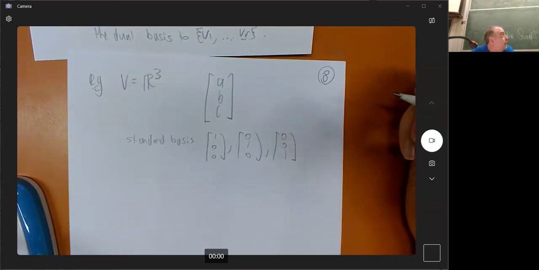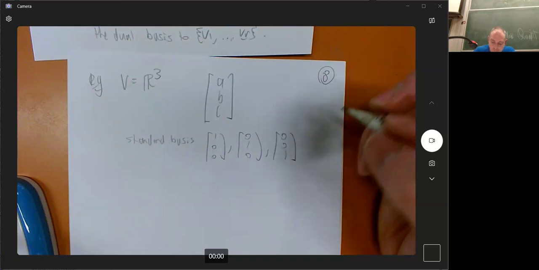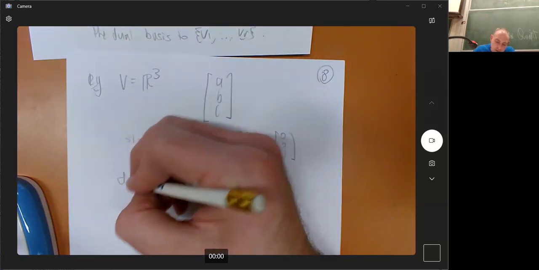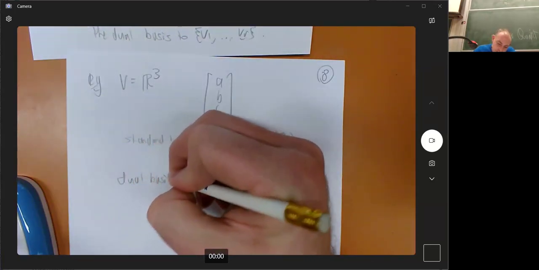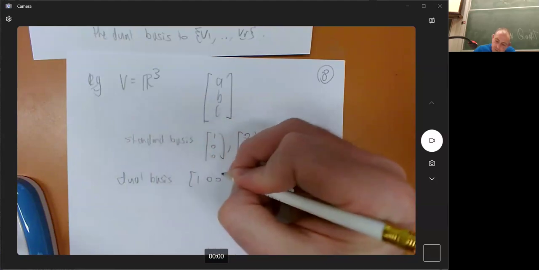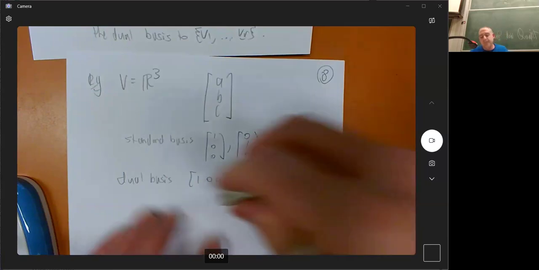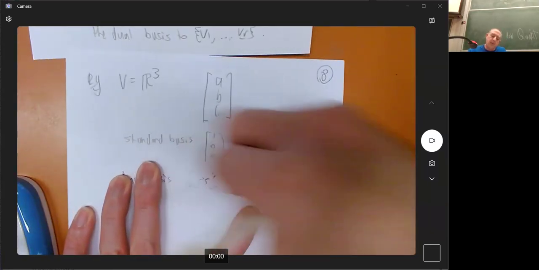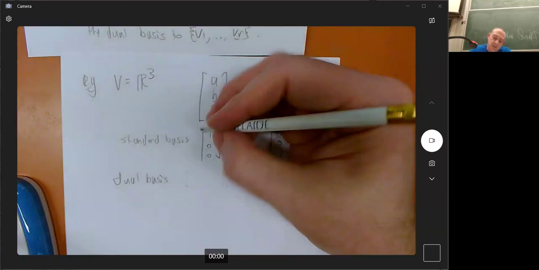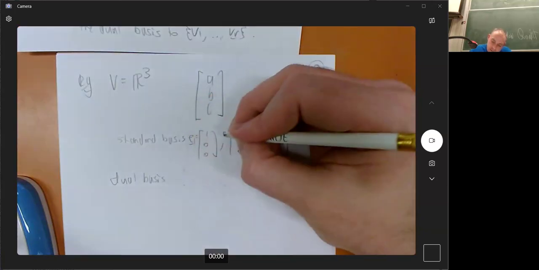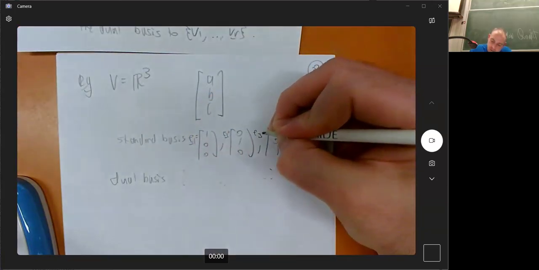Then the dual basis would be 1, 0, 0, 0, 1, 0. Well, so that's E1, E2, E3.